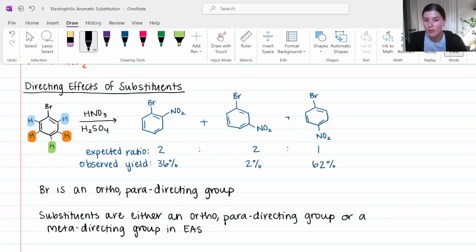Whether something is ortho-para-directing or meta-directing depends largely on if it's an electron withdrawing group or an electron donating group. So in another video, we'll categorize a bunch of common substituents as ortho-para-directing or meta-directing.